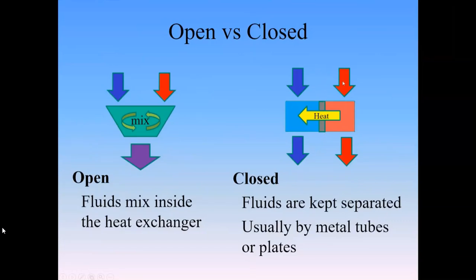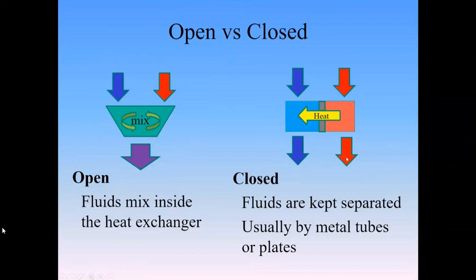The hotter fluid's going to move, the colder fluid's going to move, and because heat moves from hot to cold, it's going to move into the colder fluid. But in a closed heat exchanger, we don't have any mixing, so the fluids are always separated.